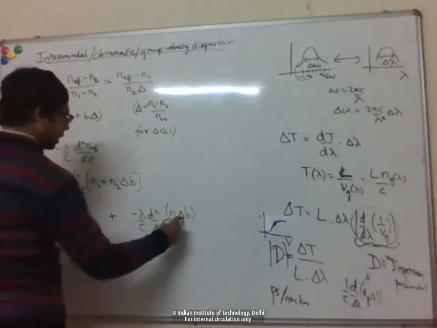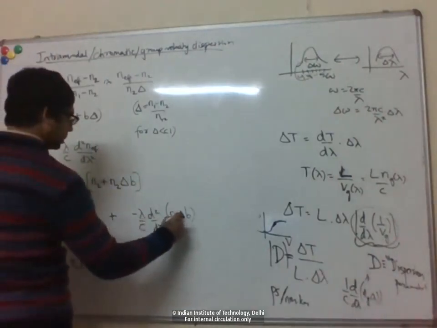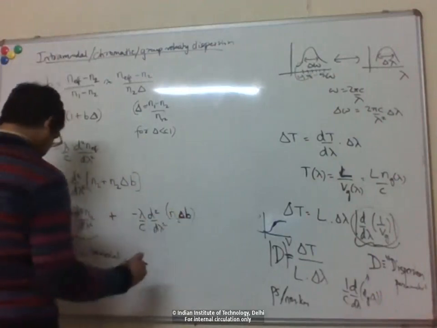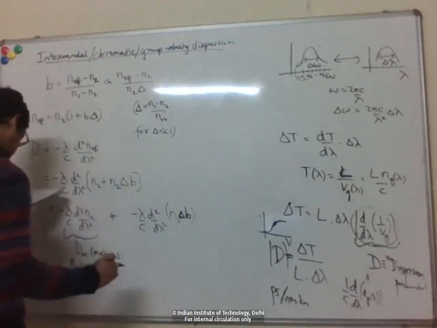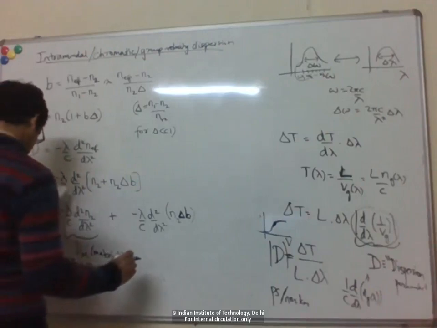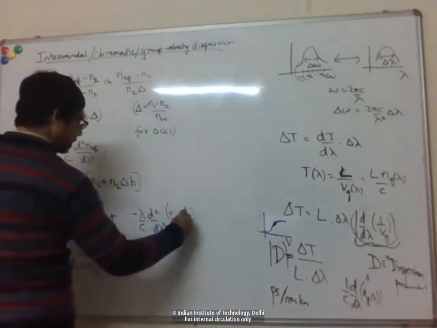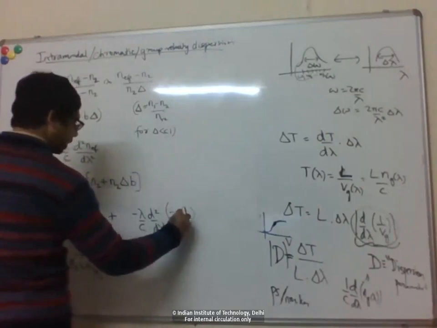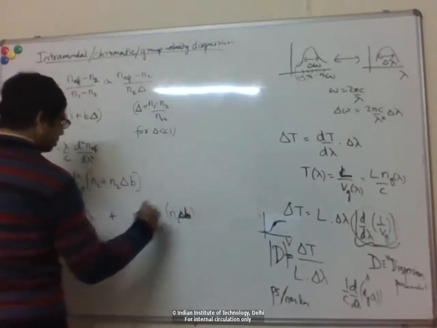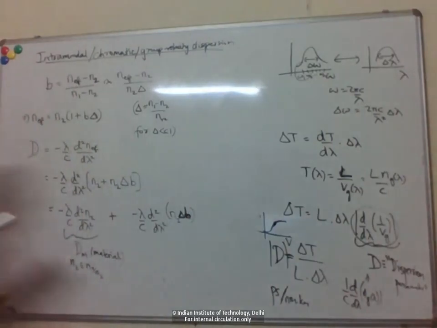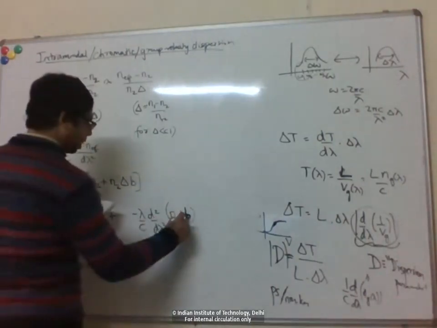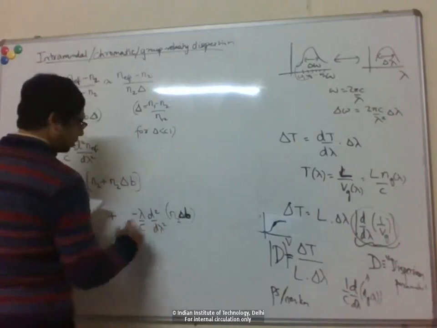So N2 and delta are, so in the second case here, this is basically coming from the variation of this parameter, the normalized index or the normalized propagation constant, how that varies with wavelength.